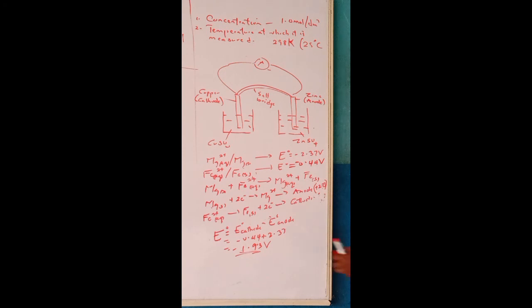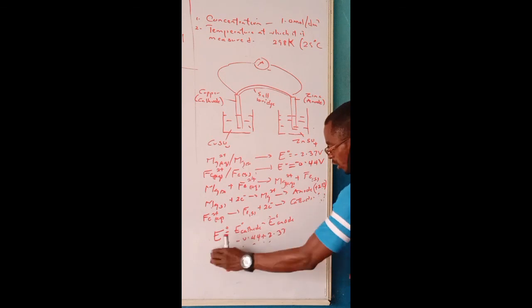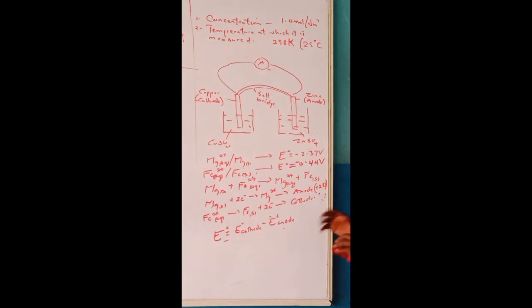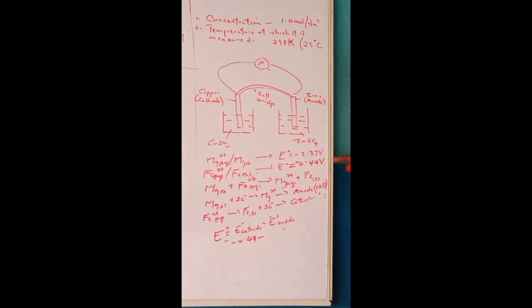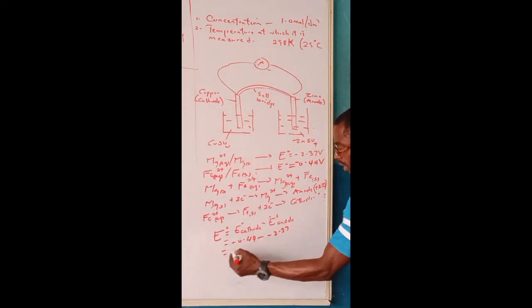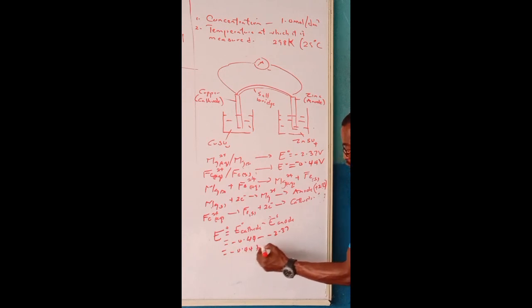We don't need to change anything. If I also said cathode minus anode normally, the cathode was this: minus 0.44 minus anode. Anode is minus 2.37. So it's still going to give us minus 0.44 plus 2.37. The same.